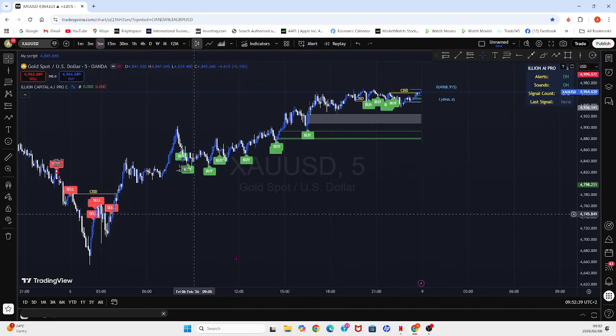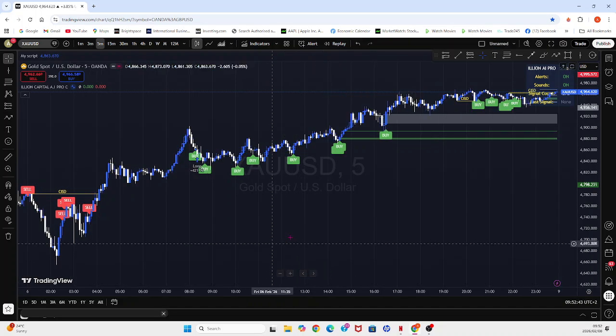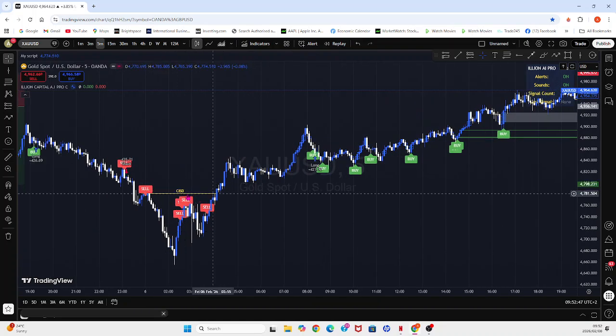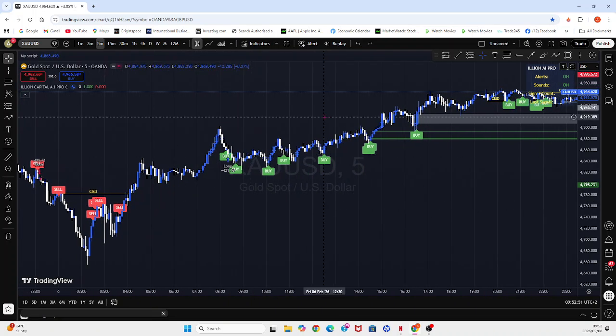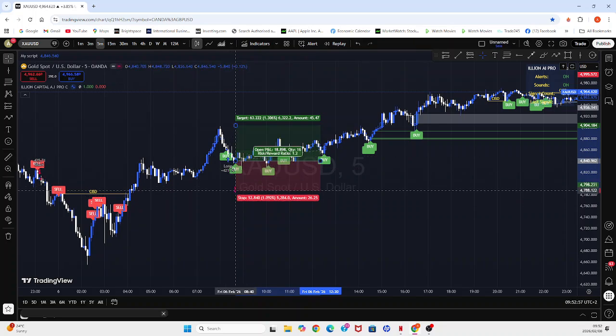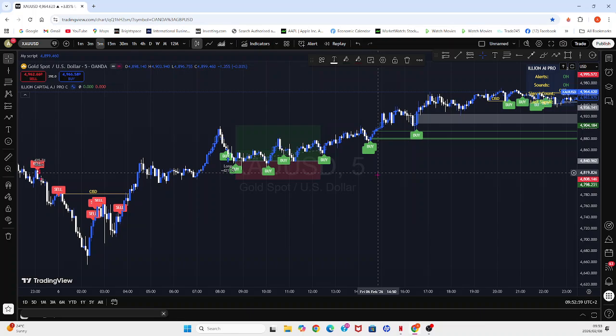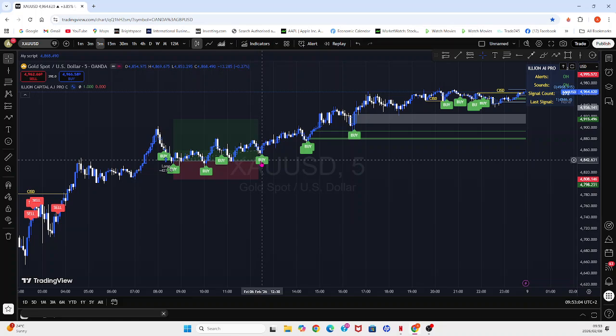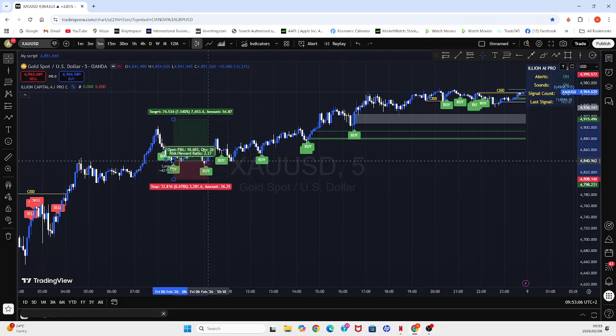On the 5-minute time frame, it did indicate this SSD to the upside, meaning now we're going to be looking for long positions. It's as simple as that. It doesn't have to be complicated. Unless we get another SSD to the downside, that's when we're going to potentially look to change trade. In the meantime, we just take advantage of these buy orders.